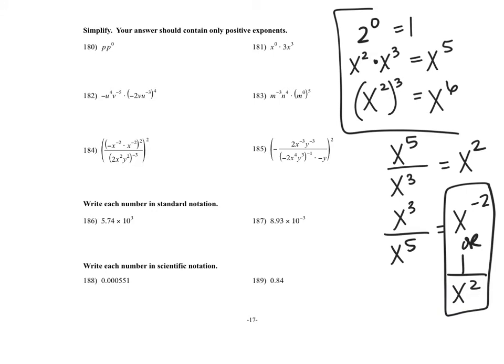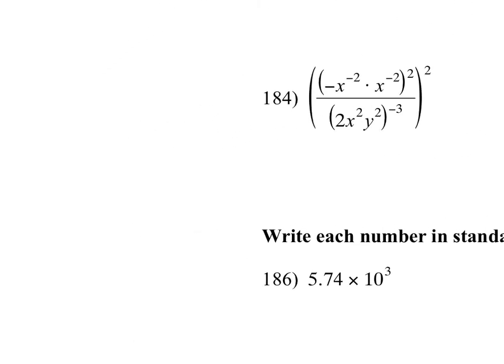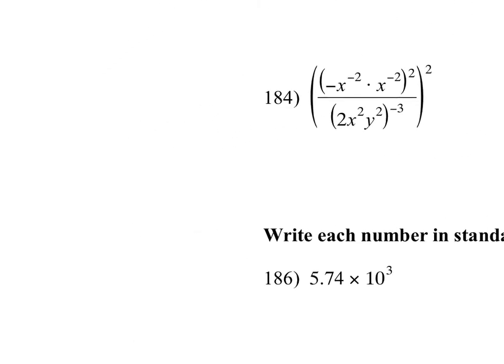Okay, so let's do one of the most complicated ones. I'm going to actually make this a little bit bigger, number 184. Okay, so I'm actually going to do PEMDAS first, which is inside. So negative is on the outside, and I actually have x to the negative 4 because I added those two.